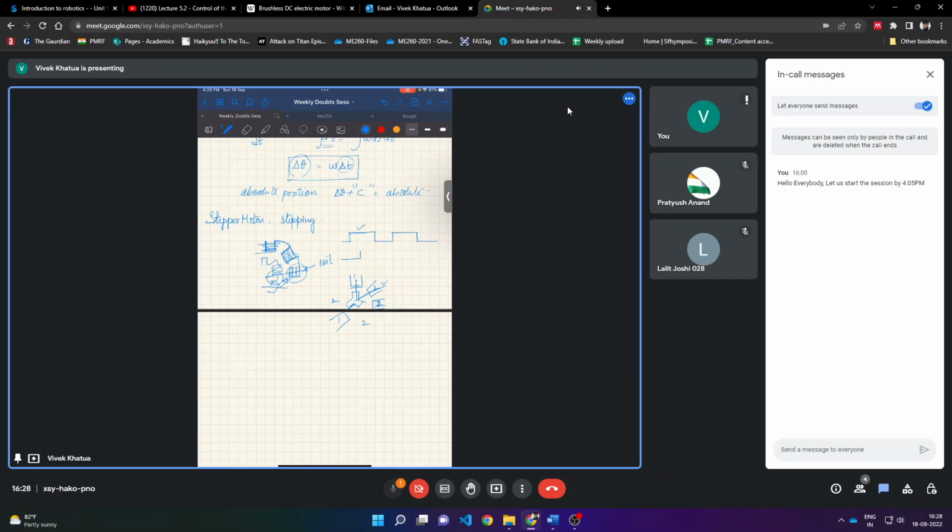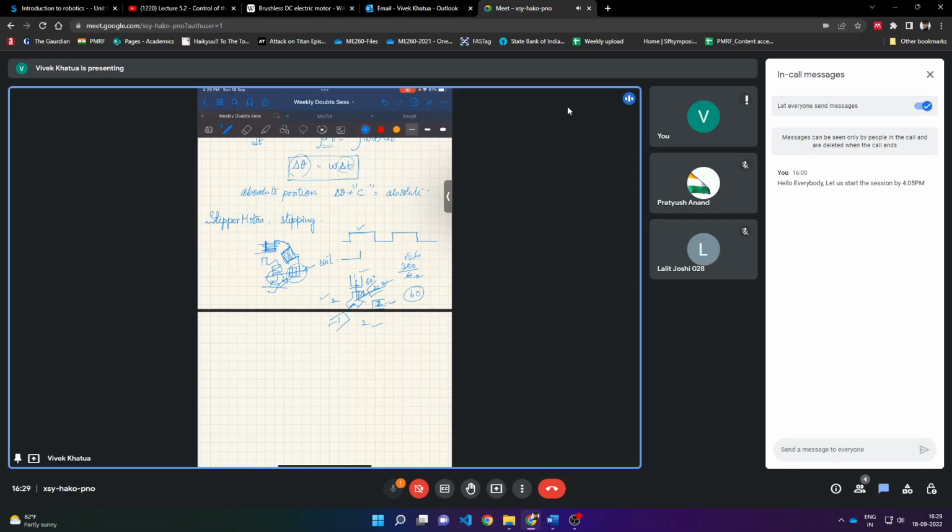Since I have how many spacings? 1, 2, 3, 4, 5, 6. 360 degrees by 6 gives 60. So with 6 divisions, this will make a 60-degree rotation because of switching coil 2.